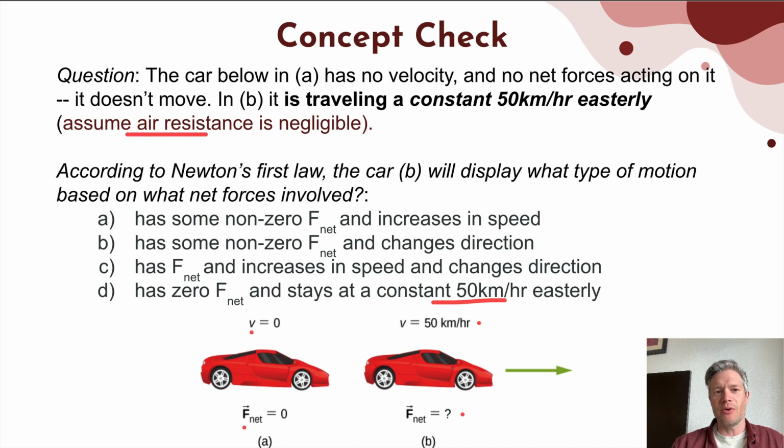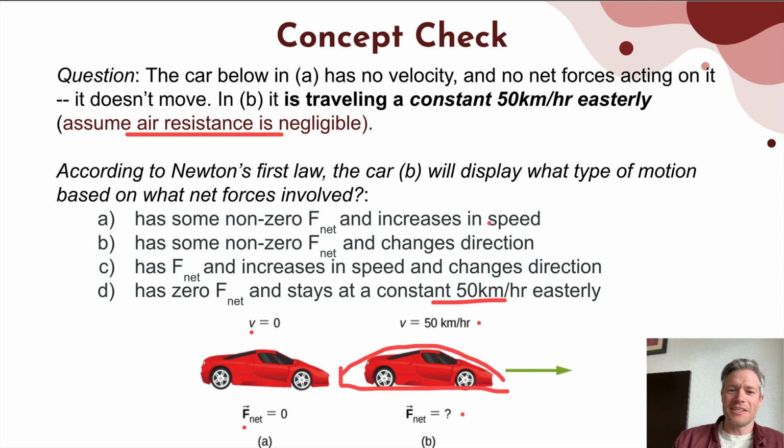And if we have no restrictive air force stopping this vehicle, I mean, look how aerodynamic that is, there's minimal air drag, so we could say it's relatively negligible, although at 50 km an hour there would be some. But based on the information given, we can say there's no net force. It's constantly moving at that speed. And so we're looking at D, okay?